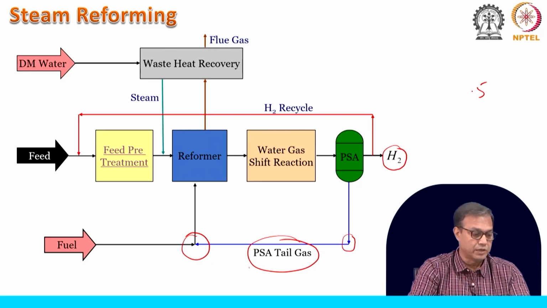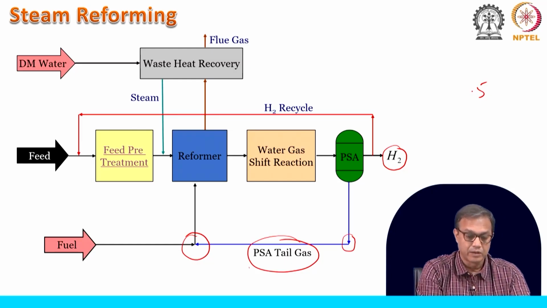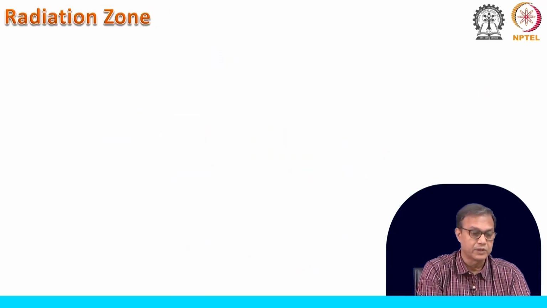So, that is about the steam reforming in short. Now let us look into the reformer, how it looks. Basically, as we have understood, this is having some catalytic bed. Let us look into the radiation zone.